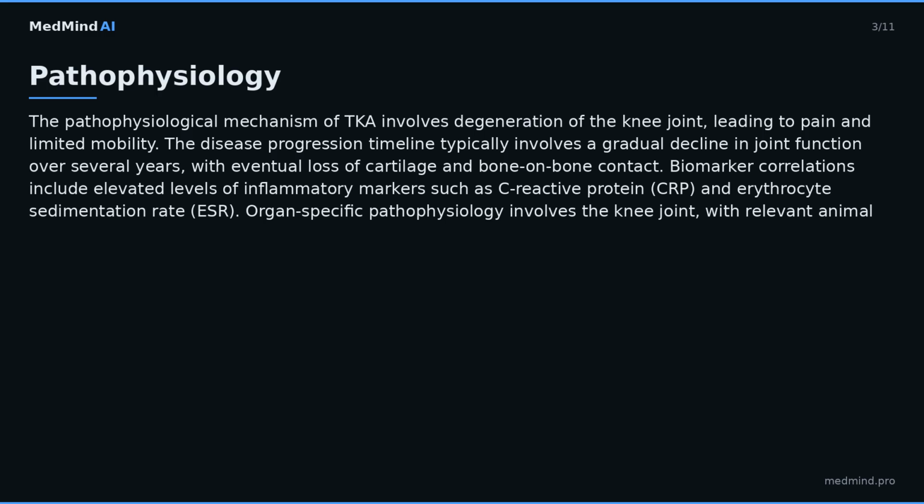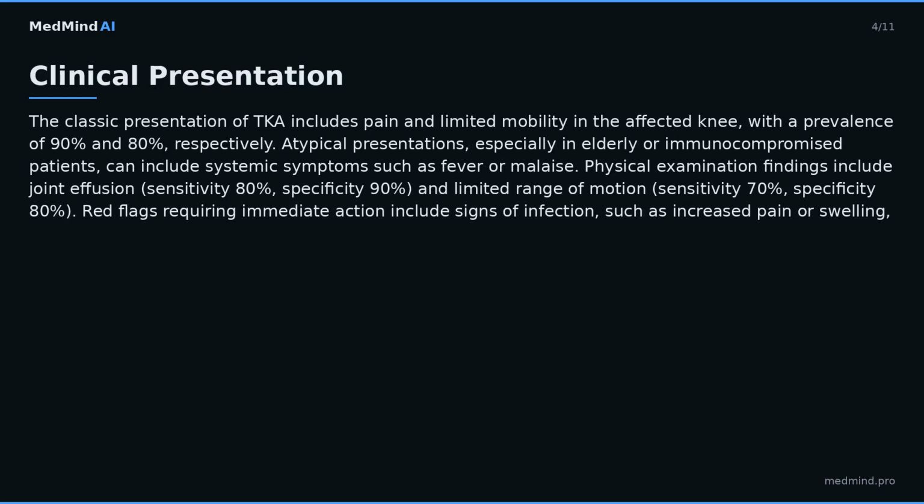Organ-specific pathophysiology involves the knee joint, with relevant animal and human model findings demonstrating the importance of joint lubrication and cartilage health. Genetic factors, such as mutations in the COL2A1 gene, can contribute to an increased risk of osteoarthritis and subsequent need for TKA.